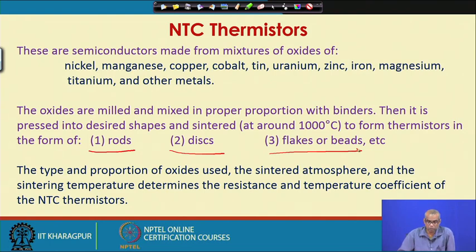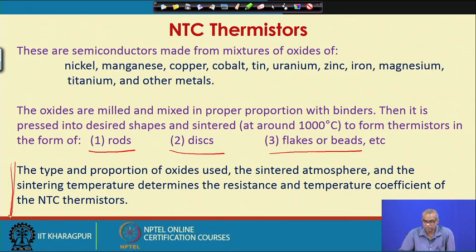The type and proportion of oxides used, the sintered atmosphere and the sintering temperature determines the resistance and temperature coefficient of the NTC thermistors. So, this is important. So, these are two important variables for the thermistor.